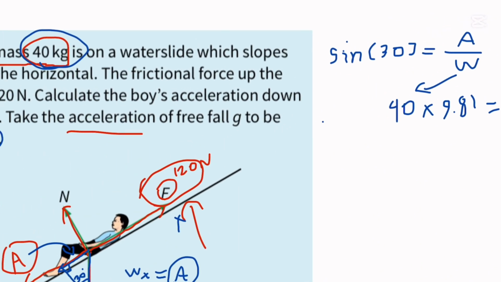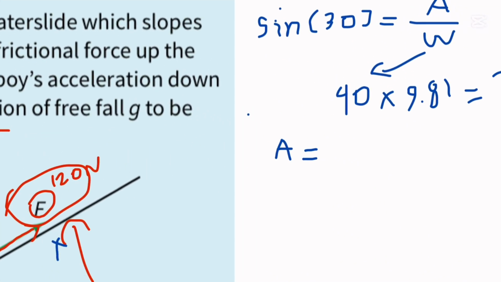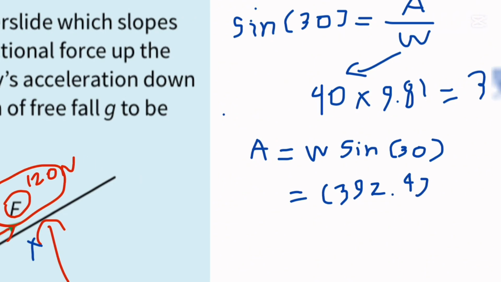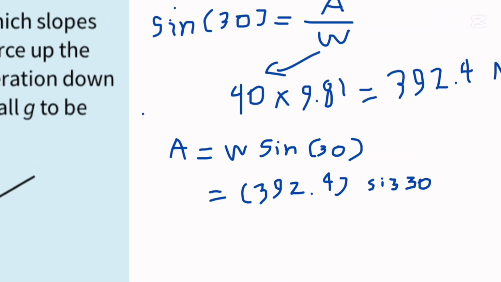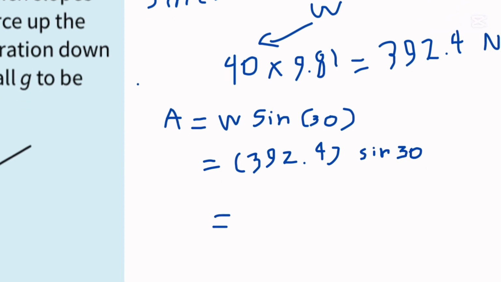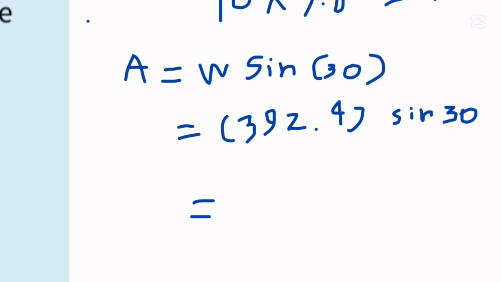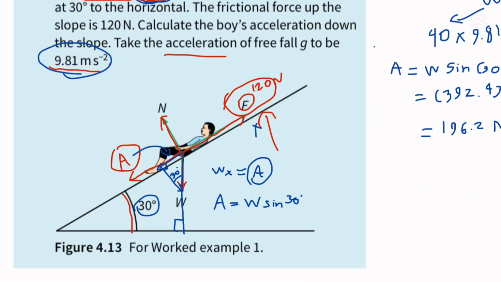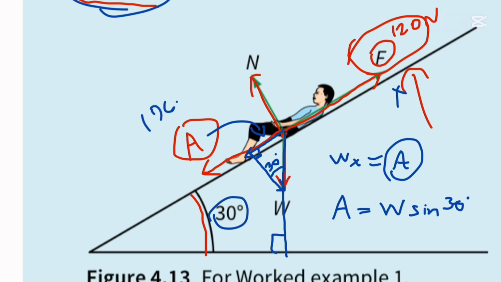To get A, we just do W sine 30, so 392.4 sine 30. I just use a calculator for it. Make sure I'm using degree mode, and yes, it should be 196.2 newtons of force. So the boy is experiencing 196.2 newtons of force going this way.